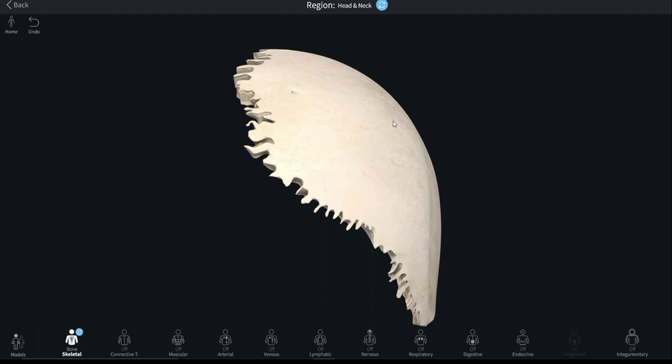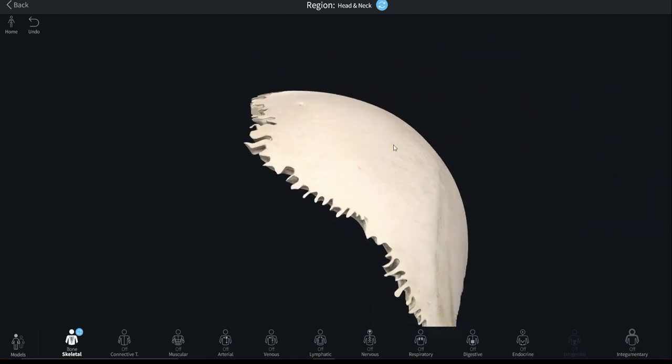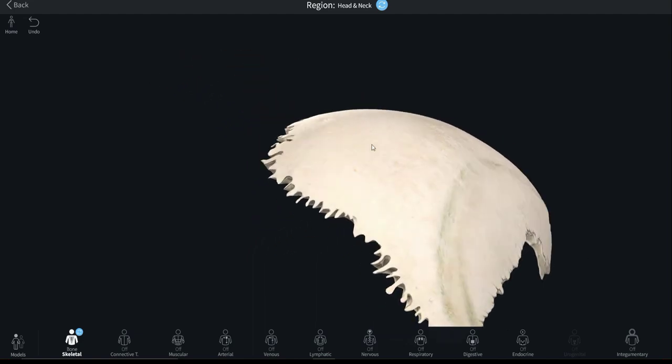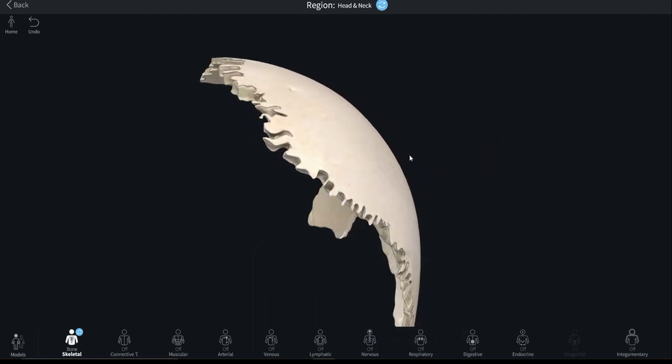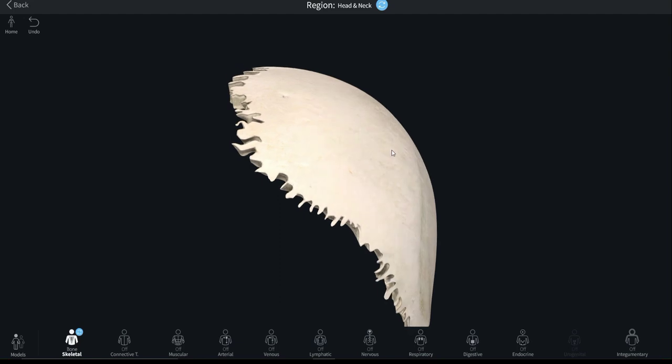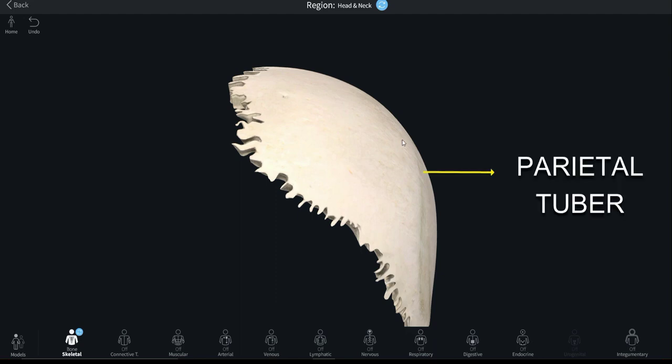That point on the individual parietal bones, which is not very visible here, you will still have to make out. It is not like it is demarcated or anything like that. We have to make it out by seeing it. That is the point on the parietal bone where the convexity is the maximum. That point of the parietal bone is known as the parietal tuber.